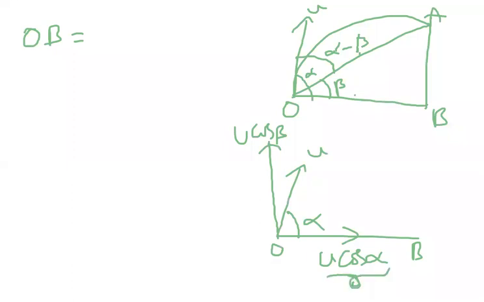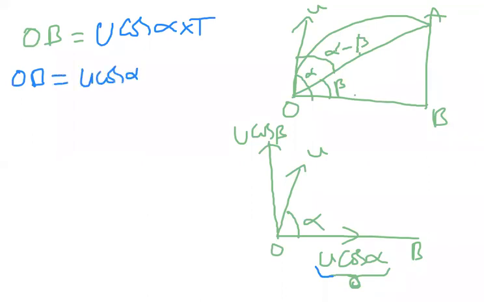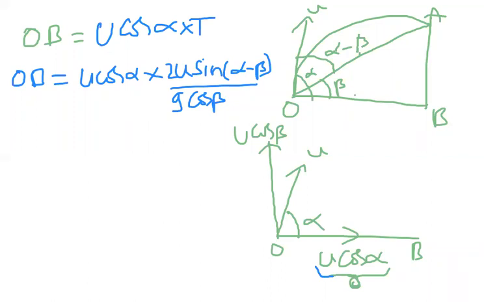What should I write now? OB means horizontal velocity into time of flight, so OB is equal to u cos alpha into the time of flight. Just now we derived the time of flight as 2u sin(alpha minus beta) by g cos beta. Like that we derived the value of OB here.